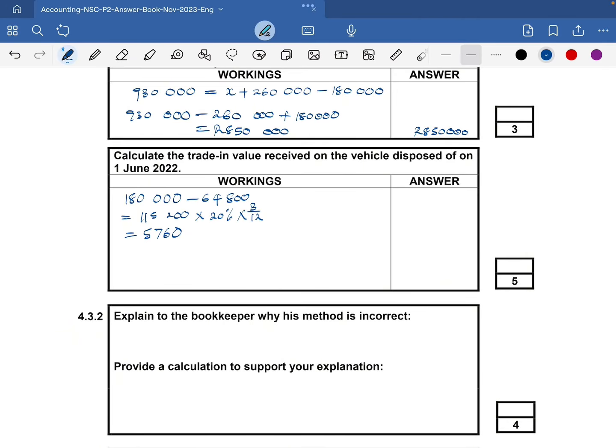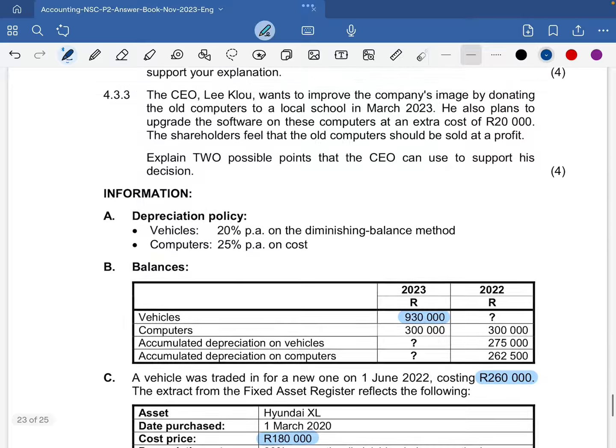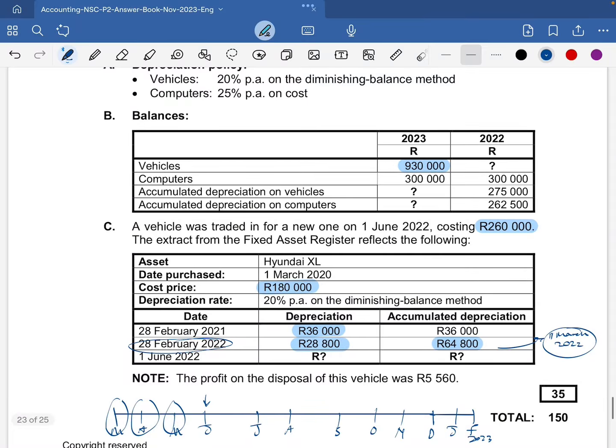So now our carrying amount at date of sale should be 115,200 minus the 5,760, which is 109,440. Since it is 109,440, remember that we had a profit of 5,560.